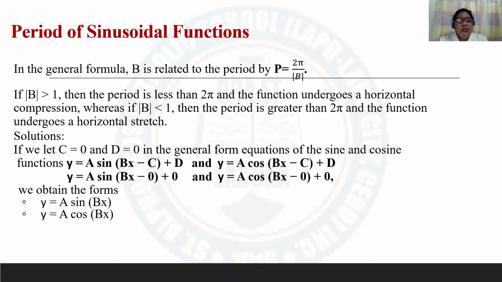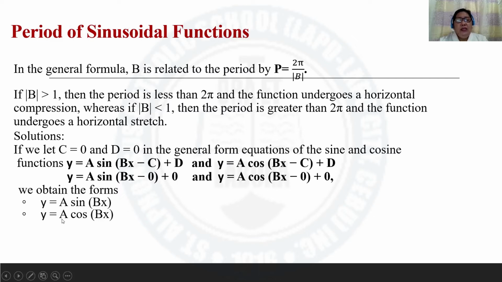For the solutions, if we let c is equal to 0 and d is equal to 0 in the general form equations of sine and cosine functions, so this is the general form, substituting 0 to c and d, then we obtain the forms y is equal to a sine of bx, because bx minus 0 is only bx plus 0, so it's only a sine of bx.